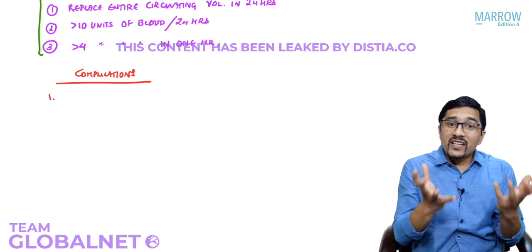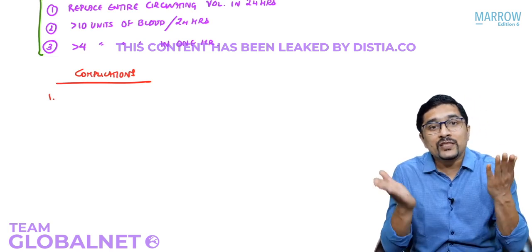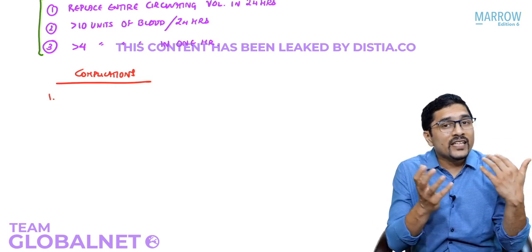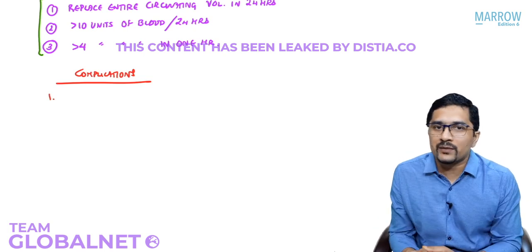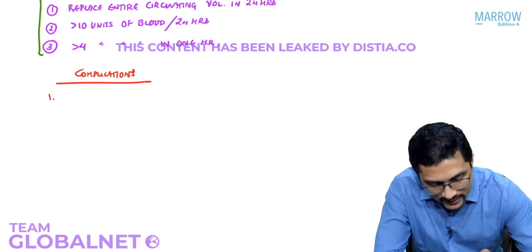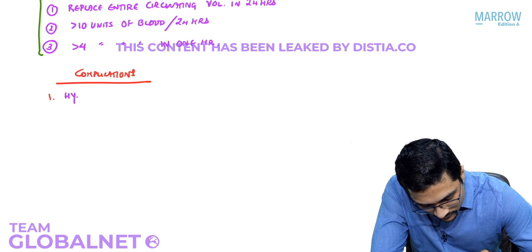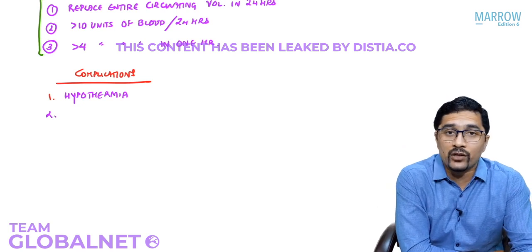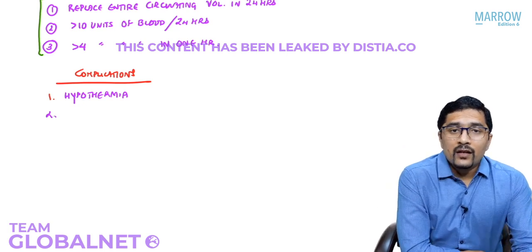But in patients where we are in a hurry, where we have to transfuse 10 units in 24 hours or 4 units in 1 hour, we don't get enough time to warm up this blood, right? So in these patients, when we are giving blood so rapidly, they can become hypothermic. There can be hypothermia.